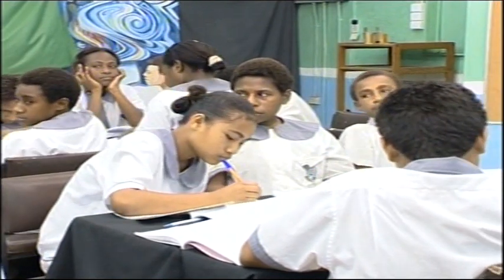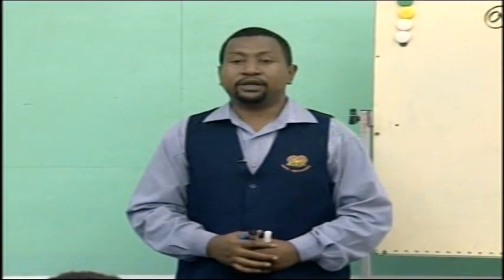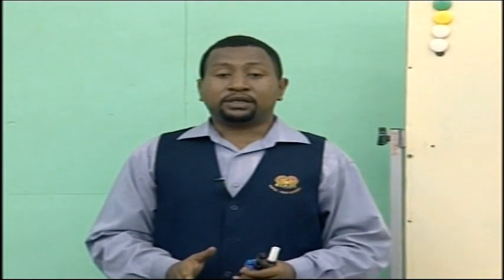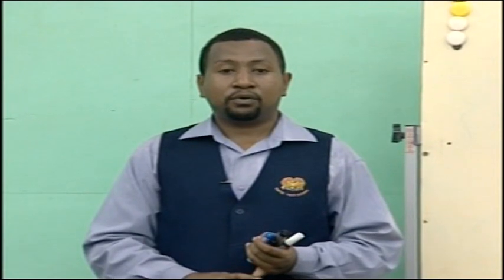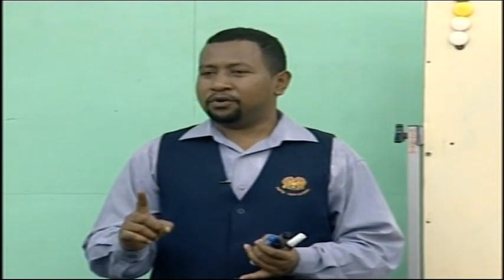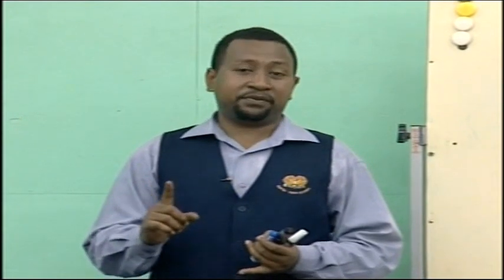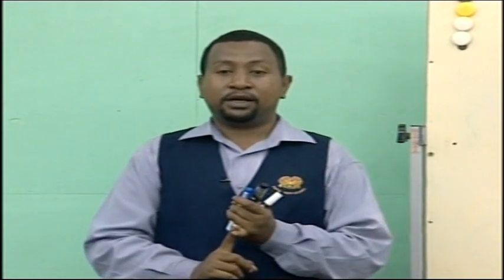Students, now 7Es and receiving students, do you still remember the rules? Yes. What is the first rule? First rule. No, that's the step. I'm asking for the rule. The first rule.